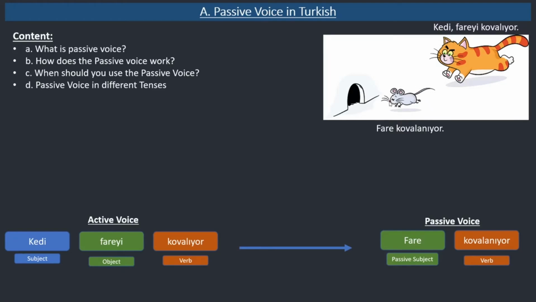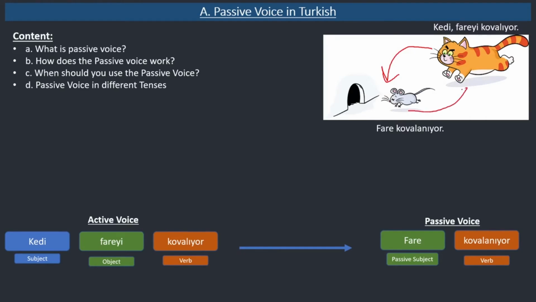There's an action upon the mouse. In the active voice, you describe this action from the cat's point, and in this one, you say it from this one. There is a direction of movements. Kedi fareyi kovalıyor.